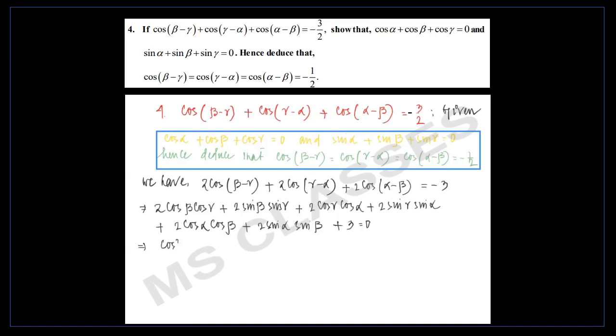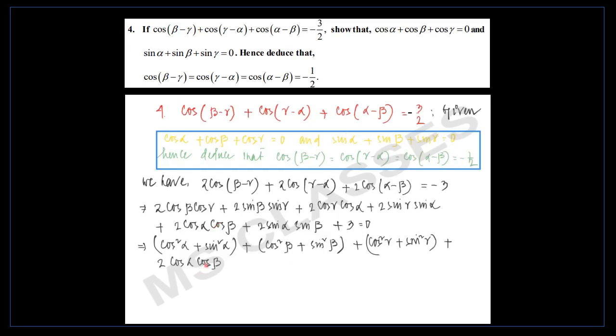By splitting up this 3, what we can write is 1 as cos square alpha plus sin square alpha, plus cos square beta plus sin square beta, cos square gamma plus sin square gamma, plus 2 cos alpha cos beta. I have just written it.